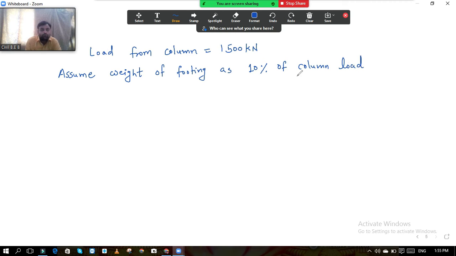Now calculate the weight of footing. Weight of footing means it is dead load. So the weight of footing must be equal to 10 divided by 100 into 1500. How much is it? It is 150 kilonewton.